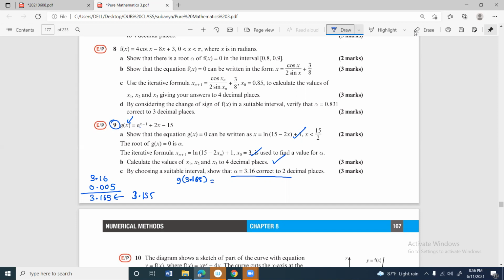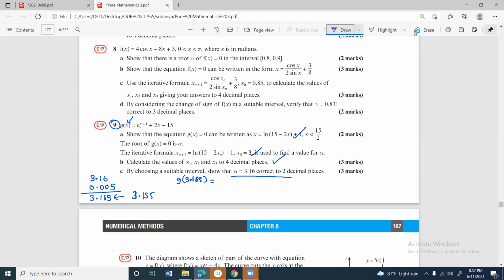So it turns out to be e to the power 3.165 minus 1 plus 2 times 3.165 minus 15.